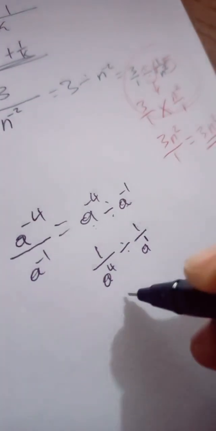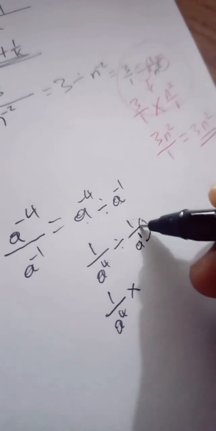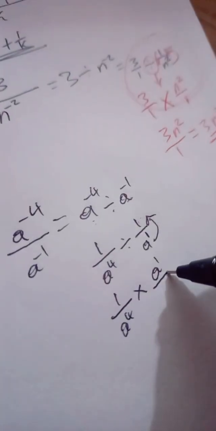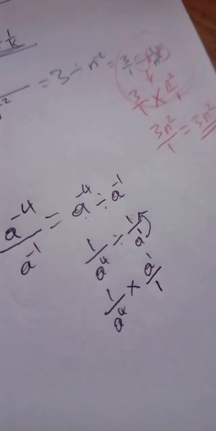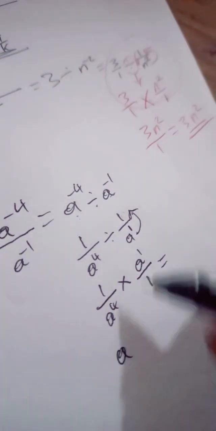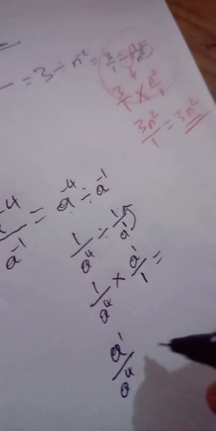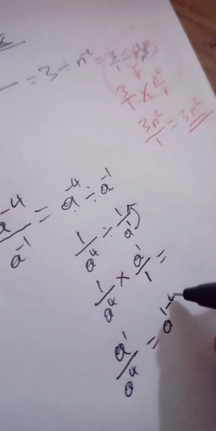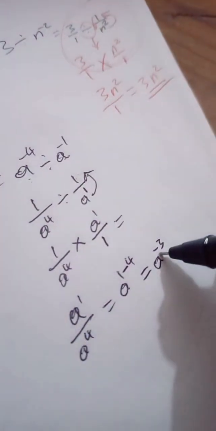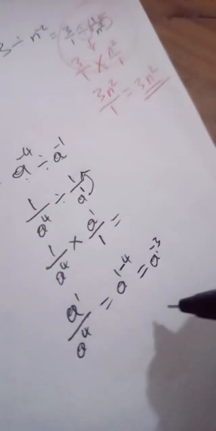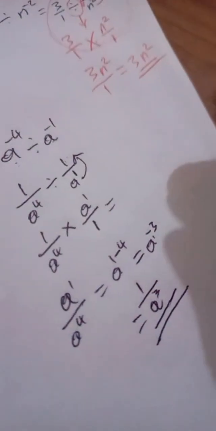So we say 1 over a to the power 4 times a to the power 1 over 1. So it's going to give us a to the power 1 over a to the power 4, which is equal to a to the power 1 minus 4, which is equal to a to the power negative 3. We don't leave negative exponents. It's going to change to 1 over a to the power 3.